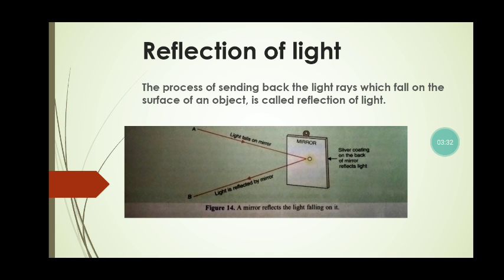Now come to the reflection of light. So what is reflection of light? The process of sending back the light rays which fall on the surface of an object is called reflection of light.